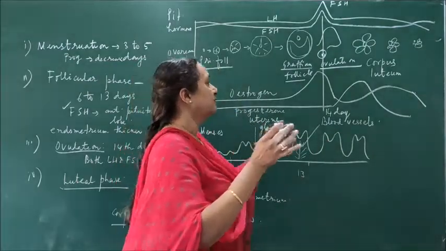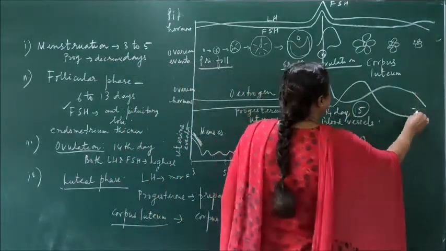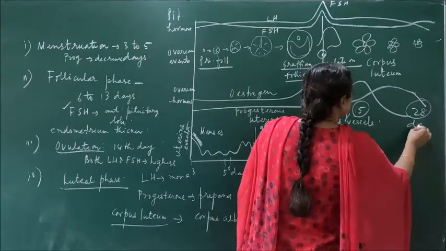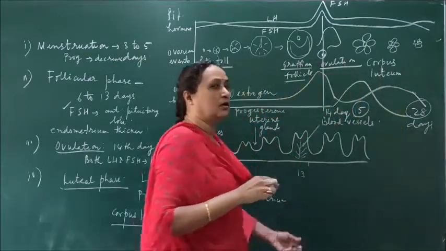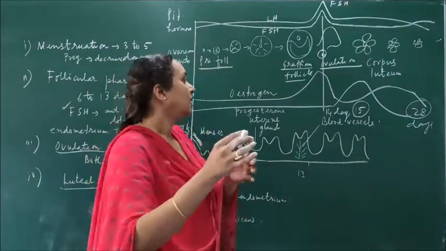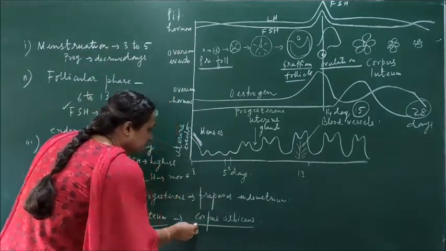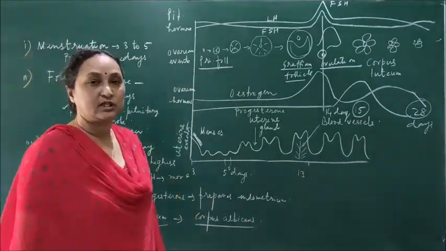And gradually from the 15th day to 28 days, the corpus luteum gradually reduces in size, and at the end it is called corpus albicans. What is the role of the corpus luteum?